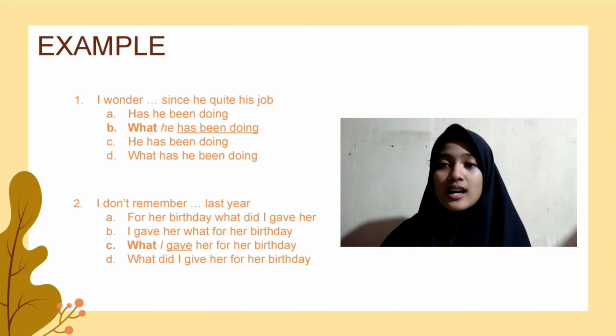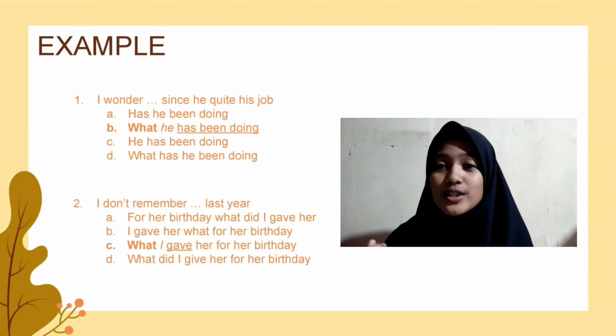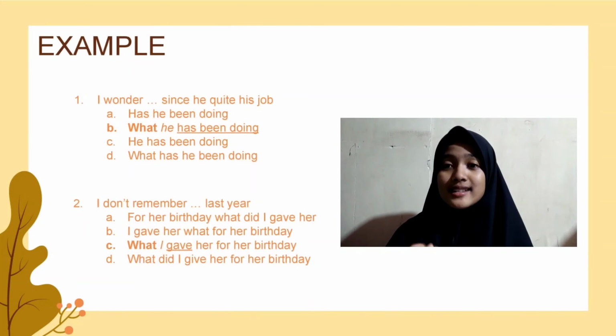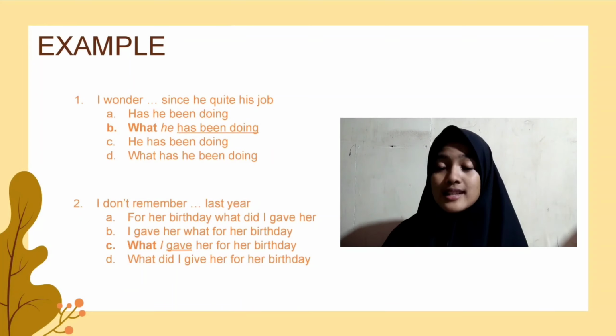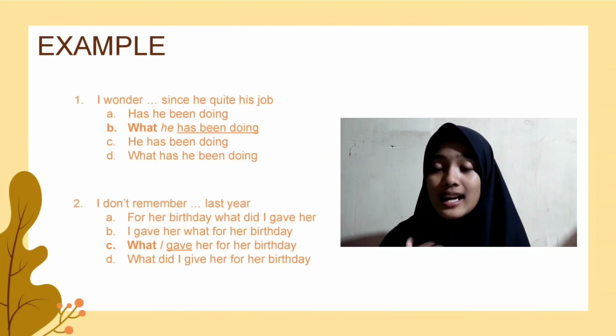Option A is incorrect because there is no clause marker or question word to connect this clause. And "has," as the verb of the clause, should be placed after "he" as the subject of the clause.